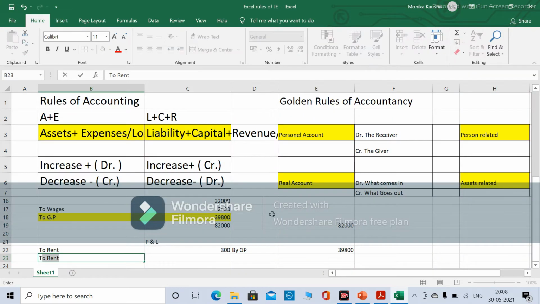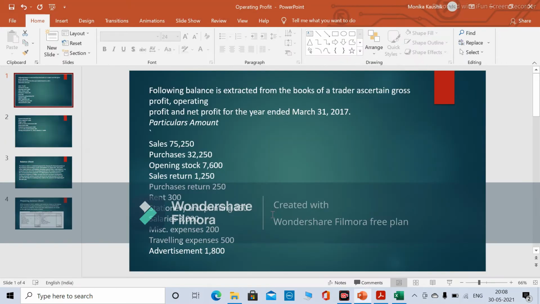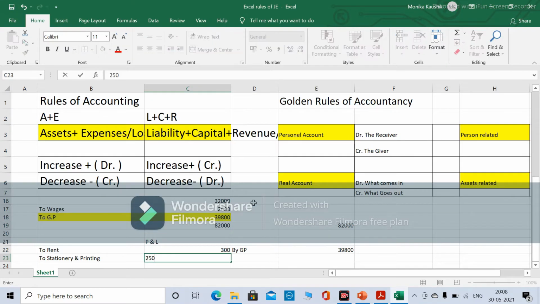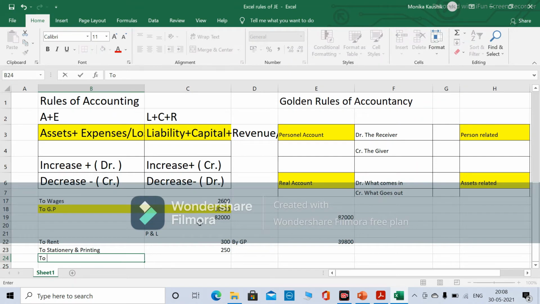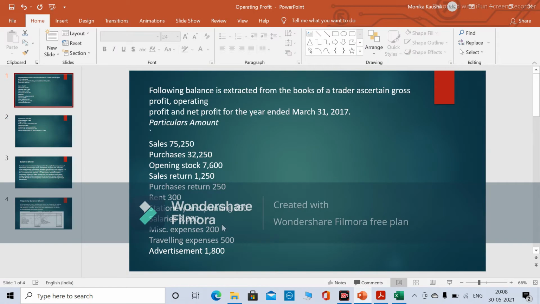Stationery and printing, indirect expenses. This is office related. Stationery and printing 250. Salaries, indirect expenses, 3000.